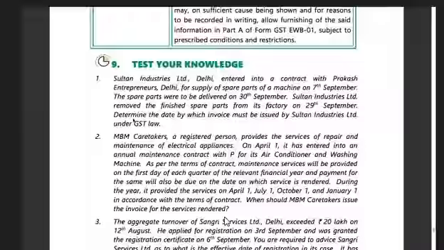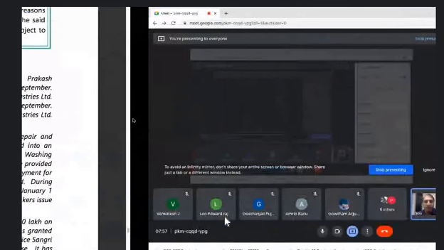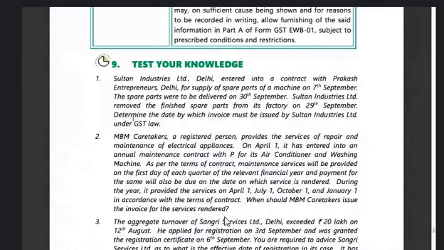What is the due date of issuing the invoice? September.